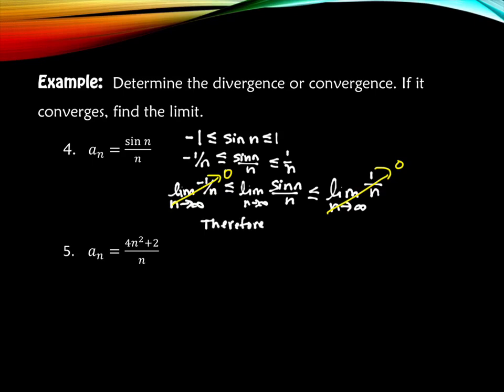Therefore, the limit as n goes to infinity of sine of n over n is also 0. And we need to specify how we know that. We know that by the squeeze theorem. So when we apply a theorem, we're going to want to make sure we say so.